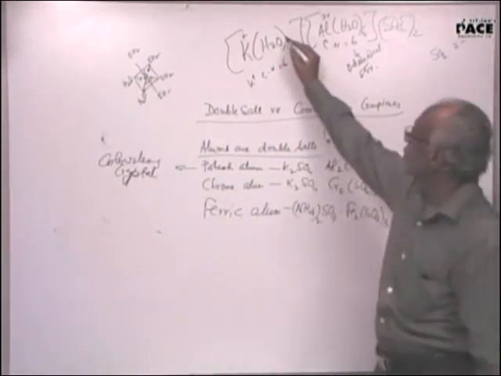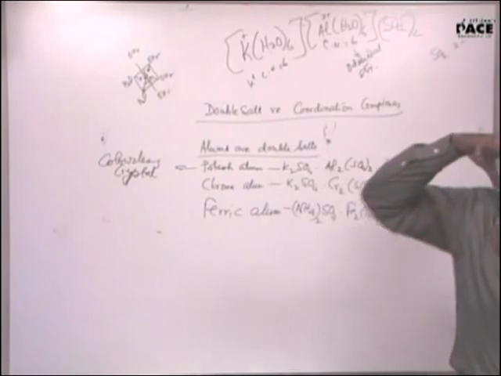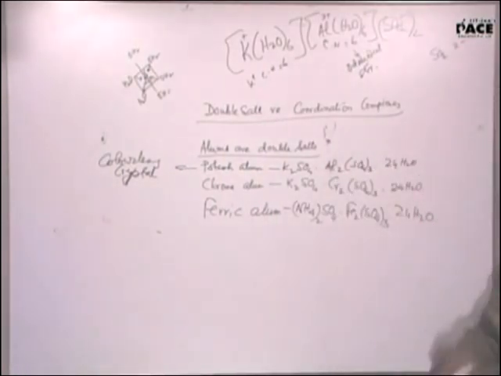Similarly, 6 water molecules surround the potassium ion octahedrally. How many potassium are there?